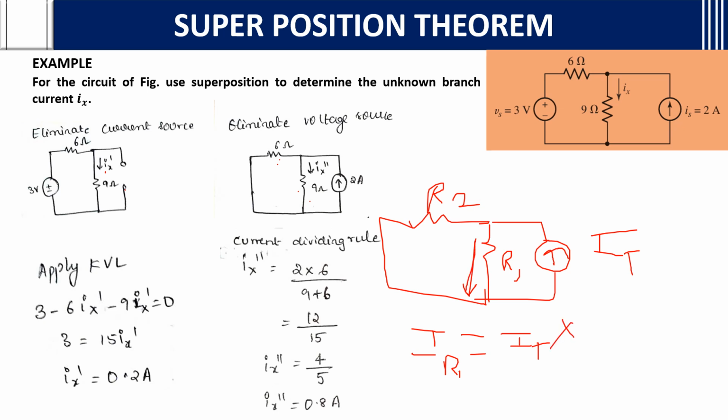We want the current in R1, so we should not consider R1 here, we need to consider R2. So R2 by R1 plus R2. The opposite resistance we need to consider. I hope you understand.